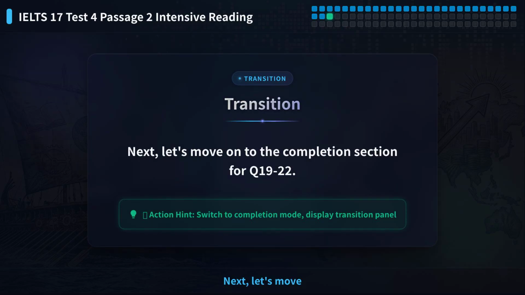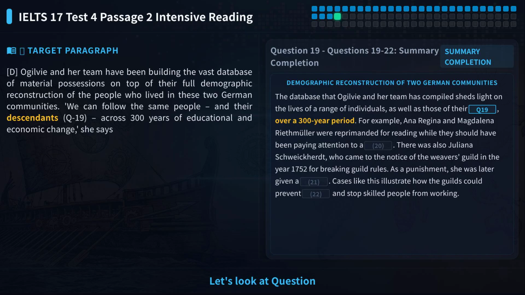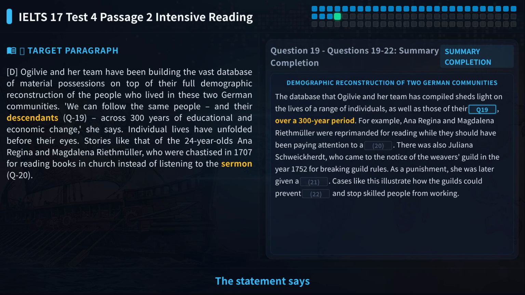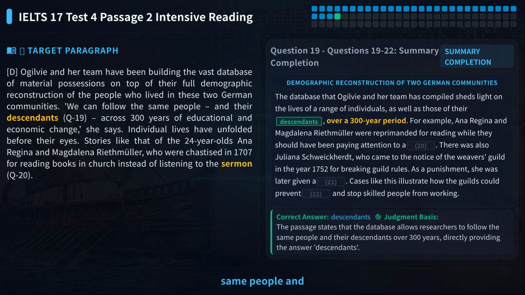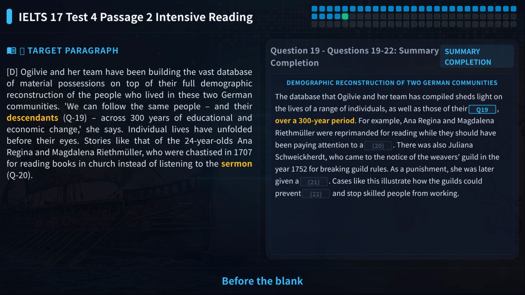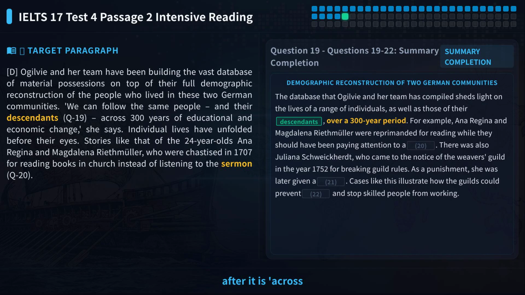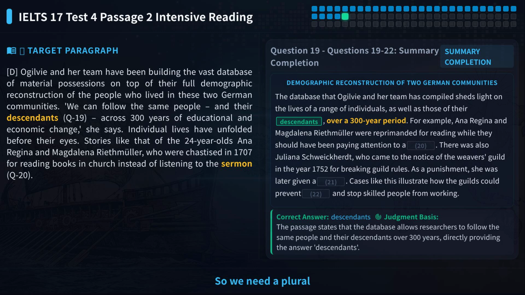Next, let's move on to the completion section for Q19-22. Let's look at question 19. The statement says we can follow the same people and their something across 300 years of educational and economic change. Before the blank is there, and after it is across 300 years. So we need a plural noun that refers to people.